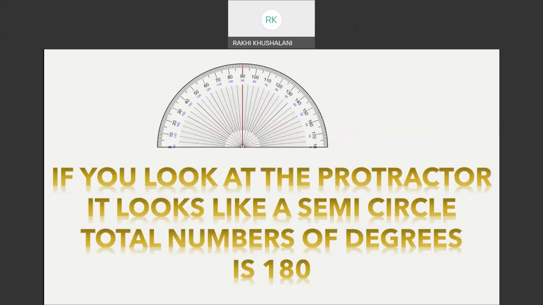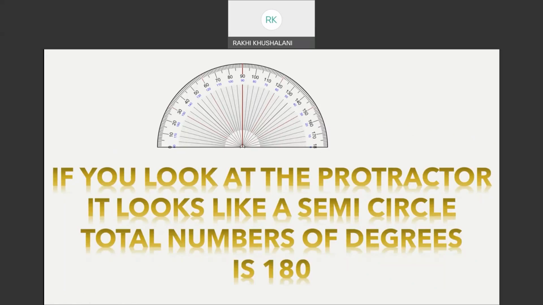Next, if you look at this protractor, it looks like a semicircle, half a circle. The total number of degrees on this semicircle is 180. Sorry, a bit of that got cut. But the total number of degrees on this semicircle is 180.